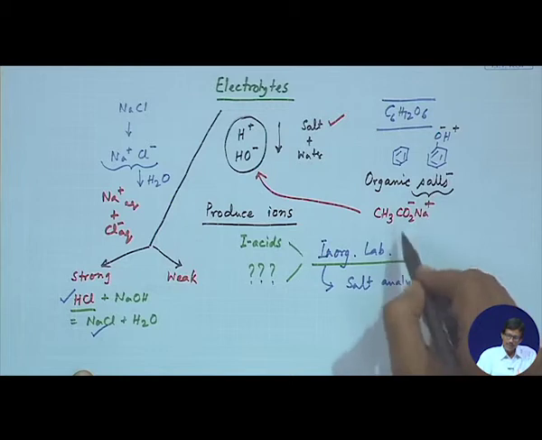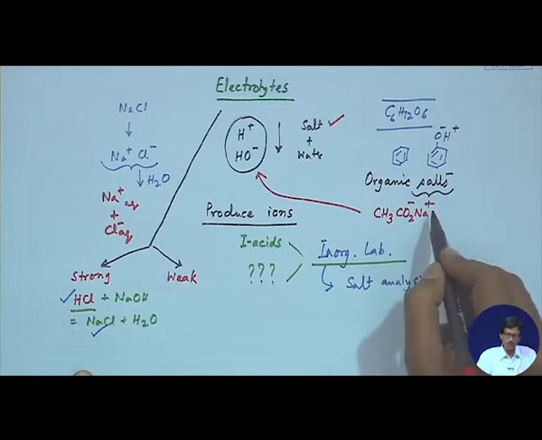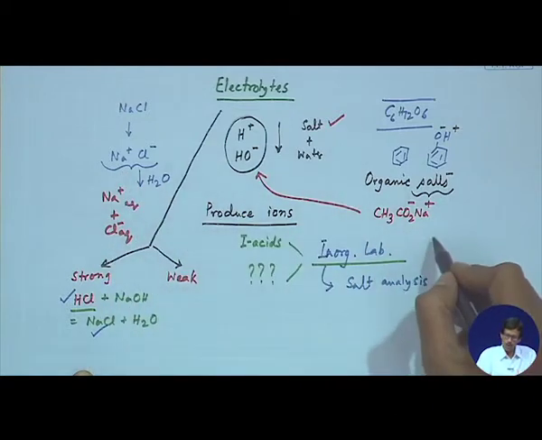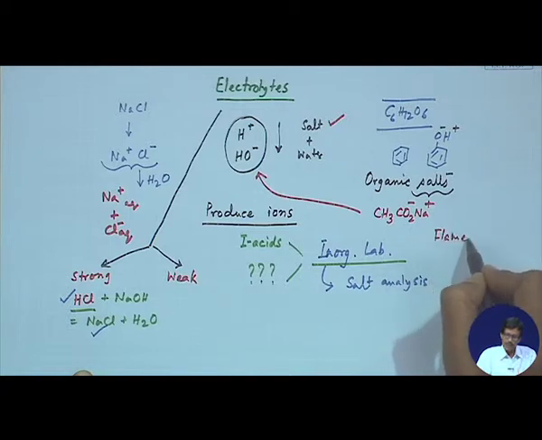If we selectively go for the test of sodium ion, sodium ion from sodium acetate or sodium ion from sodium chloride, we all know that we can have a flame test.